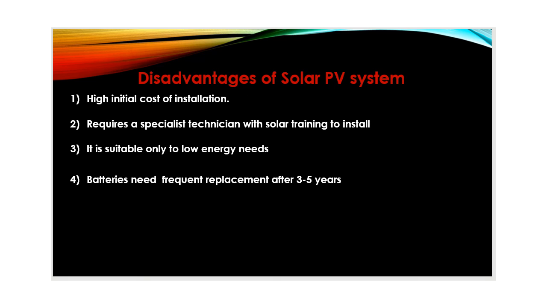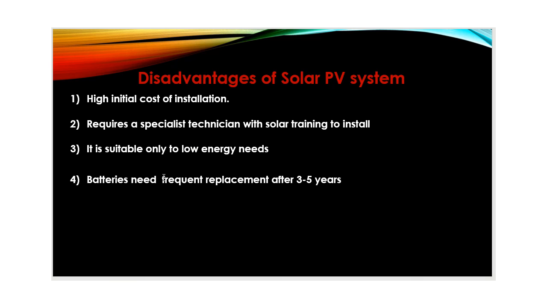In our last section, we look at the disadvantages of a solar PV system. The first one is the high initial cost of installation. Number two, it requires a specialist technician with solar training to install.